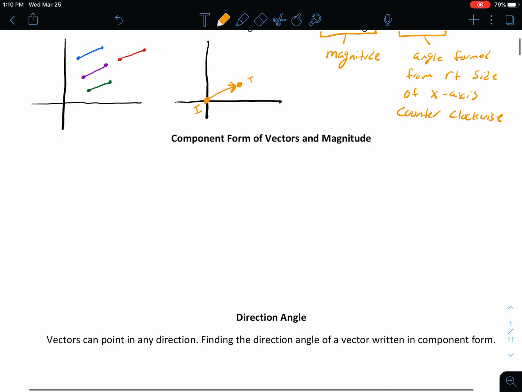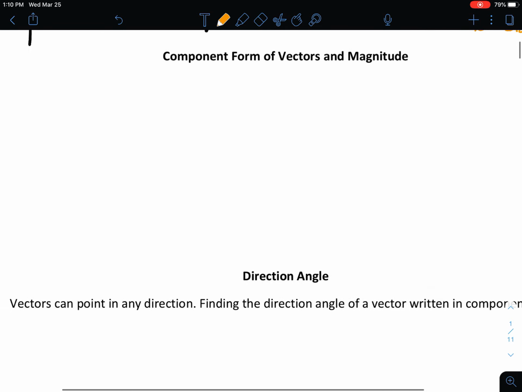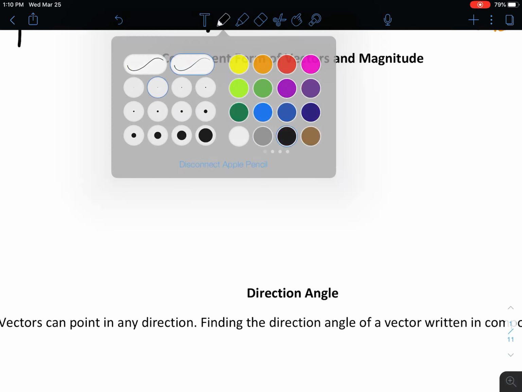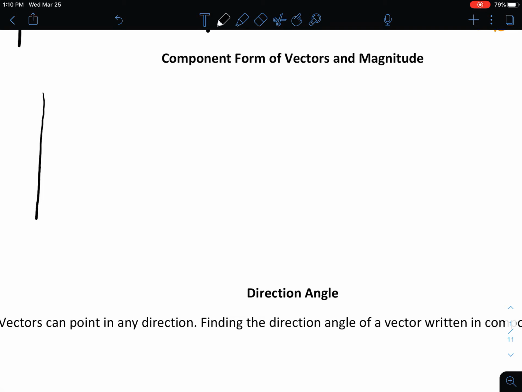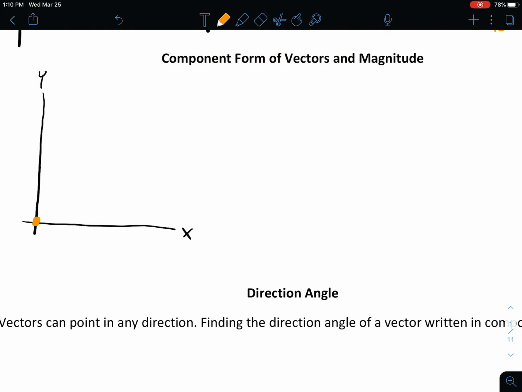Now, let's talk about how to find this vector, its component form, per se. So I'm going to draw another coordinate plane here, so that way it's a little bit bigger. So I have y, I have x, and I'm going to make the vector I draw, where I have my initial and my terminal points, a little bit more spread out.